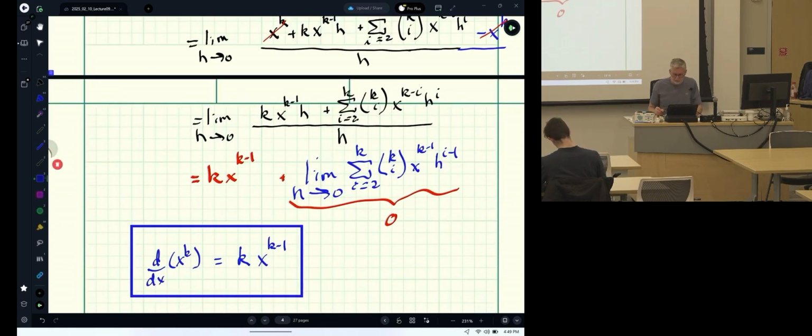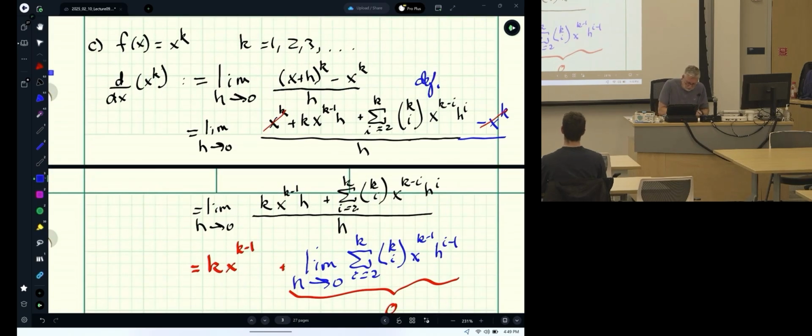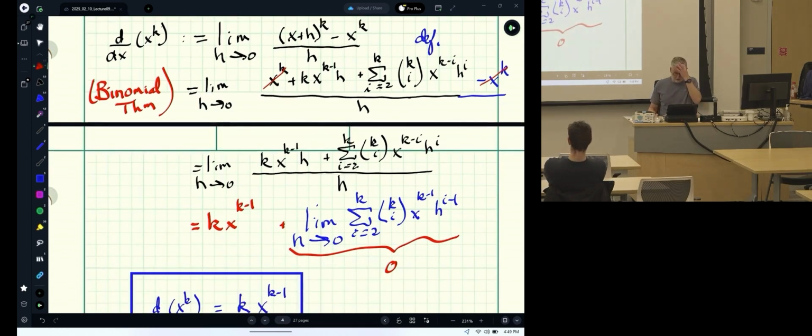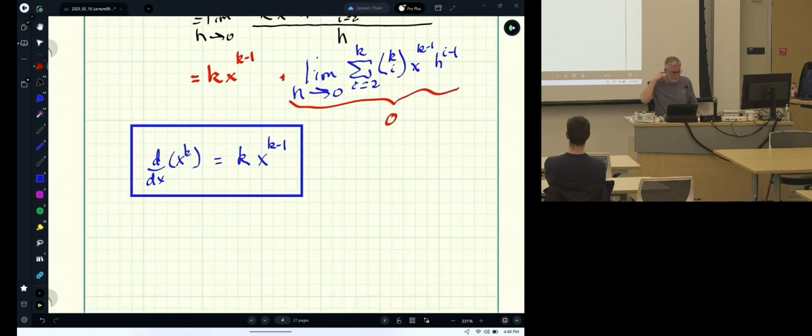Okay, and our friend here indeed was the binomial theorem. It's a handy way to deal with powers of a sum of two quantities, and that's why it's called a binomial, because it's got two terms in it.